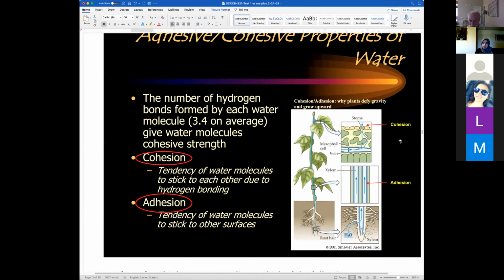So on the right here, I've got cohesion and an arrow pointing where it happens. It happens at the stomate of a leaf cell, where as water vaporizes and goes through the stomate, the cohesive property pulls more water up along behind it. So it contributes to the flow of water through the leaf and out into the air.